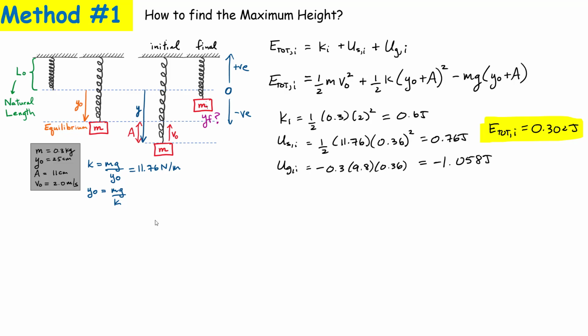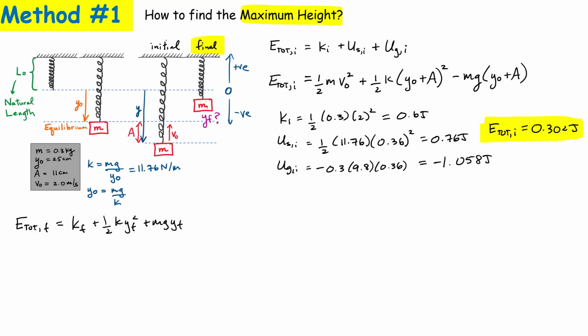All right, now we have to look at the total energy in the final configuration. Now, one thing to remember about this final configuration is I'm at the maximum height. So that should tell you something. So let me go ahead and write down the total energy in the final configuration, or at the maximum height. Now again, if you were going to write each one, you would say K final plus 1/2 k y final squared, and then plus mg y final.